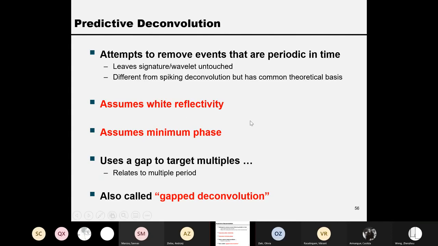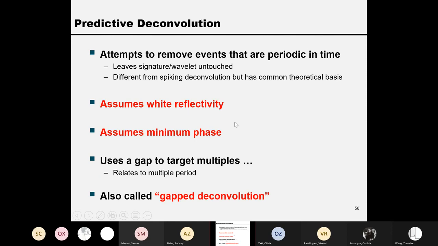There are two assumptions. One, the subsurface reflectivity series is white, so randomly distributed. That's important. If we talk about a single layer, maybe it doesn't work, right? But if you have many layers in the subsurface, that will work.